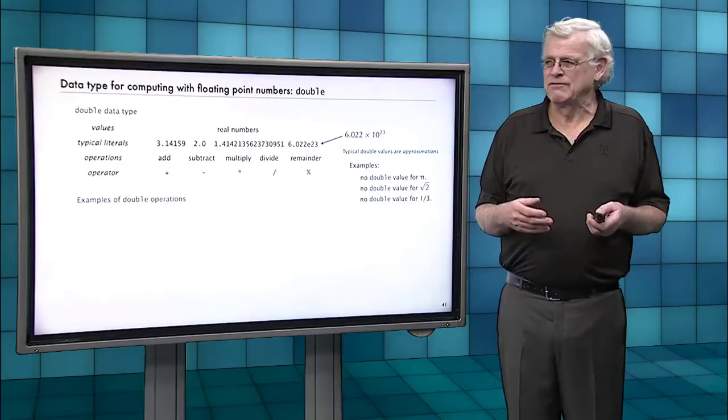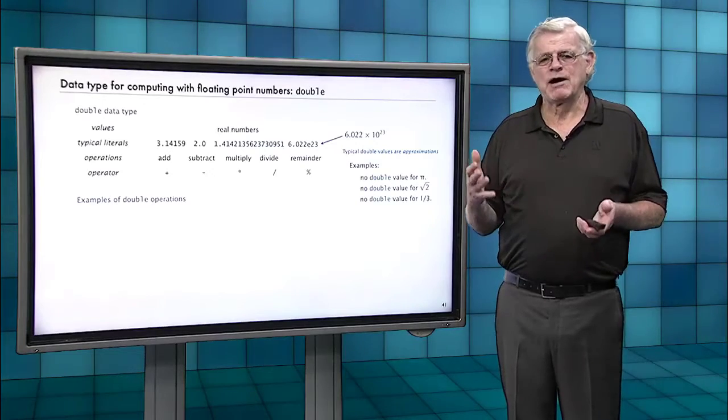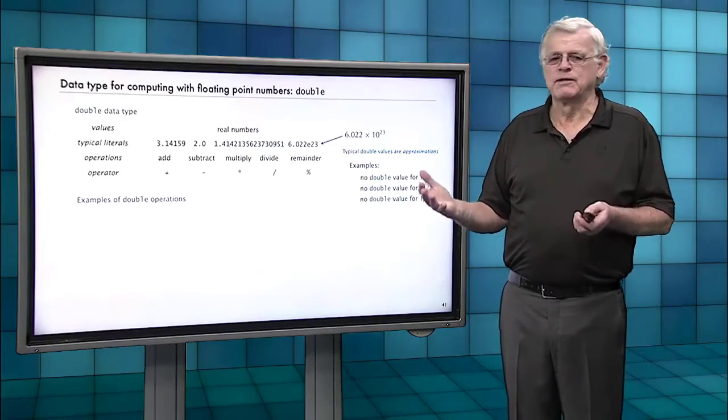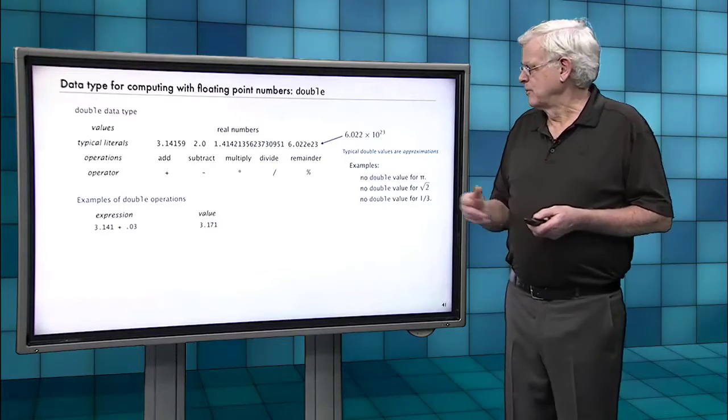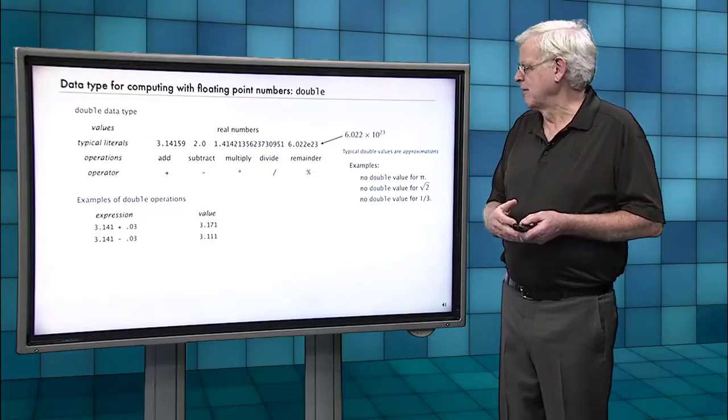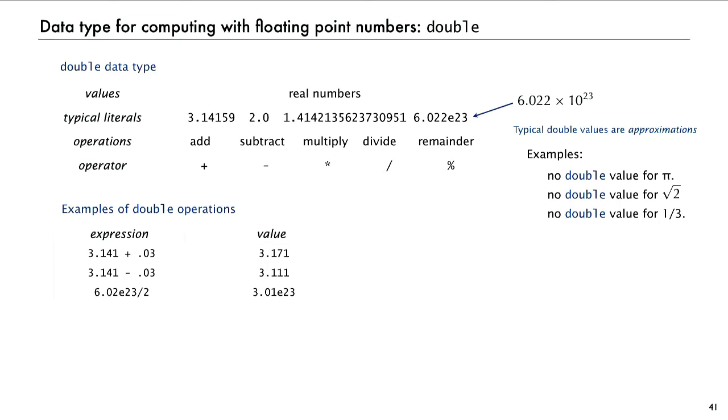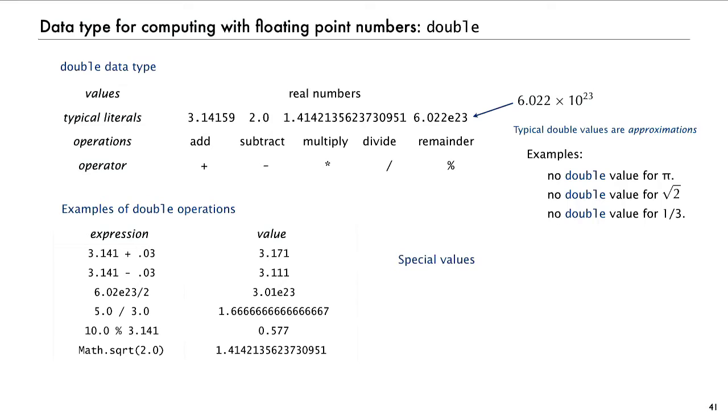And that's something that we have to take into account when we're writing programs that are working with approximations to real numbers. So these are the types of expressions that we write with double. And again, we get the results pretty much that we expect for math computations. Get good approximations to the numbers that we want.